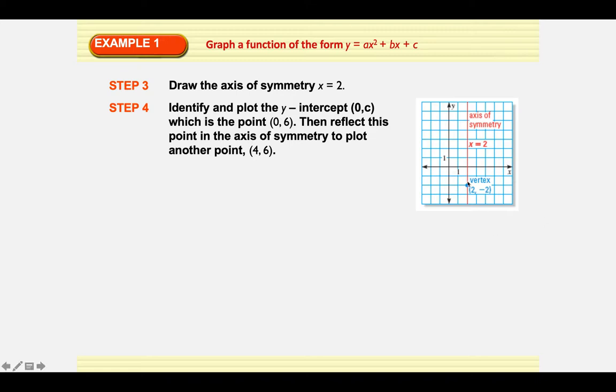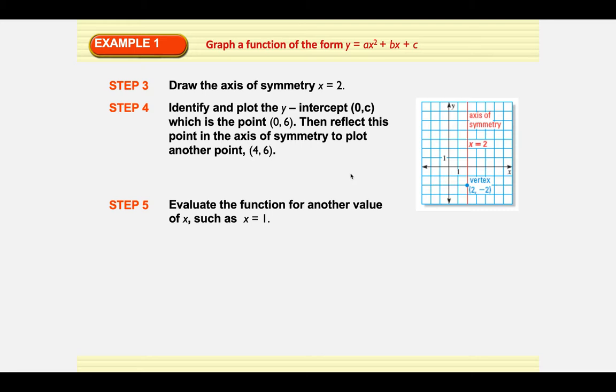That makes life really nice. We know that (0, 6) is a point, and (4, 6) is a point on our parabola. The axis of symmetry isn't just named that for fun. It actually is an axis of symmetry, and you get your other point.